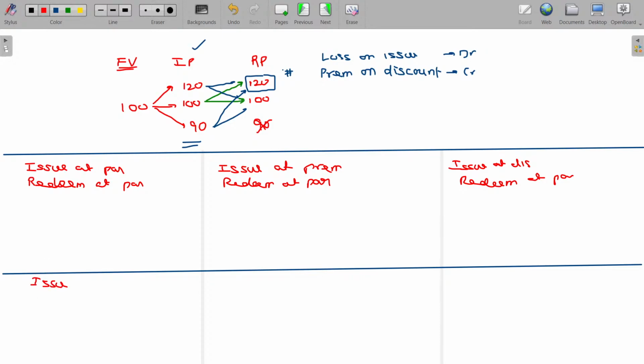Issue at par, redeem at premium. Let me finish up the first one: issue at premium, and next one is issue at par, issue at discount.